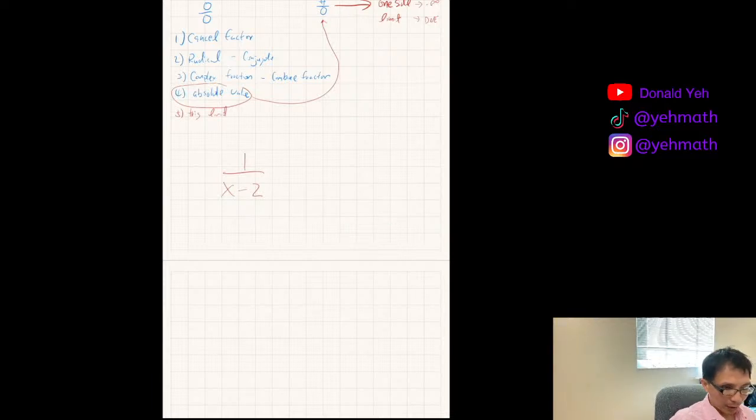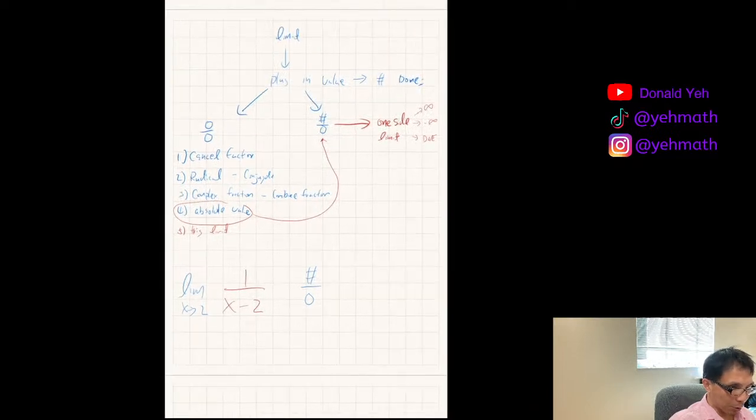We're going to say, hey, 1 over x minus 2. I want to find out the limit as x approaches 2. Now 2 is an interesting thing. What do you do when you plug in limits? You plug in a value. What did you get? A number over 0 situation.